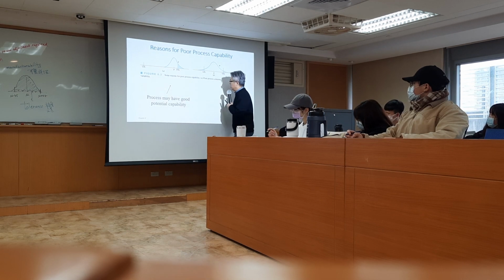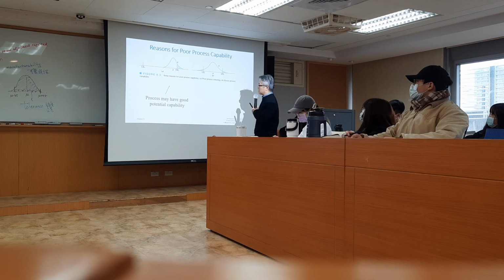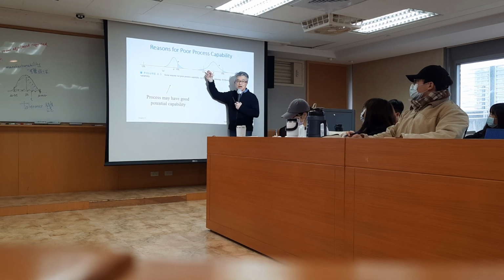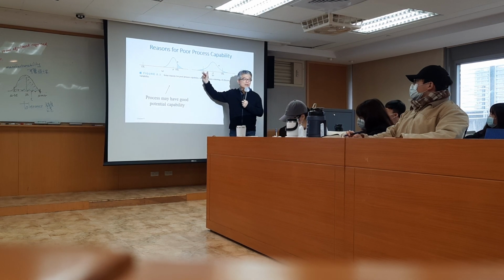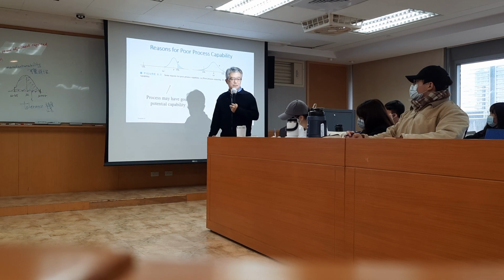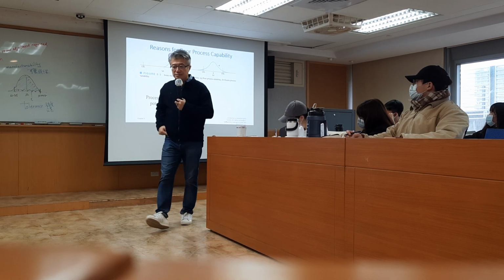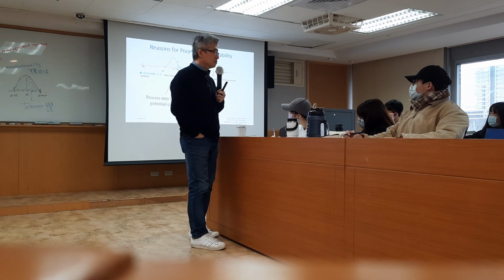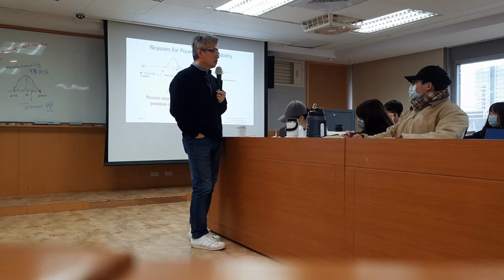So process B has excess process variability. In such a case, how can we make the process manufacturable or process capable? Process B. Jimmy, right?